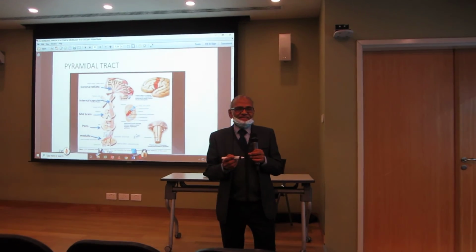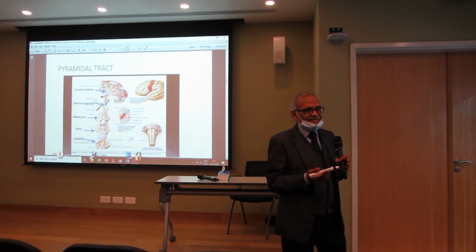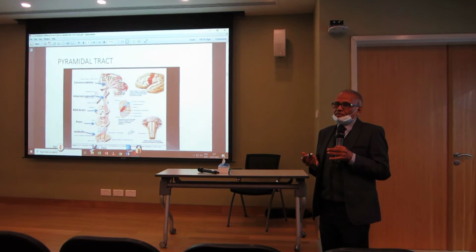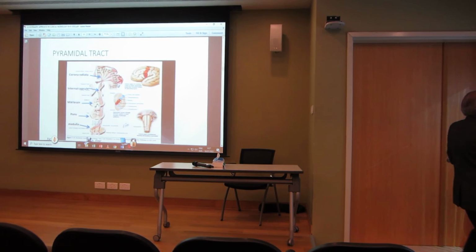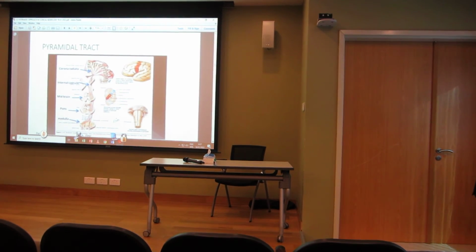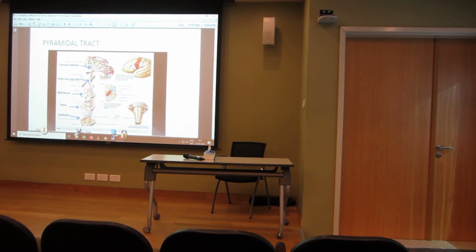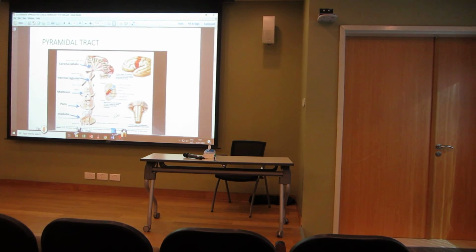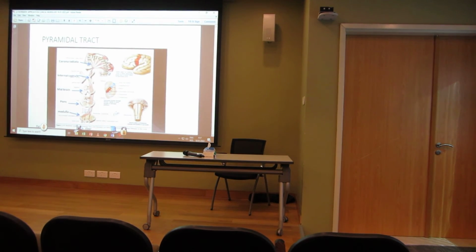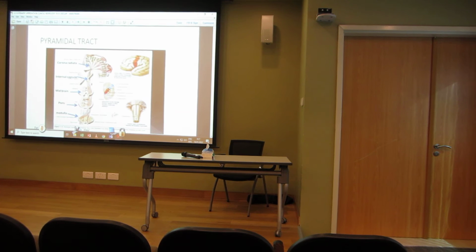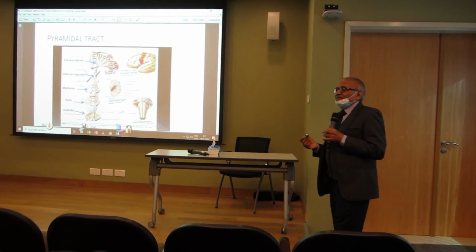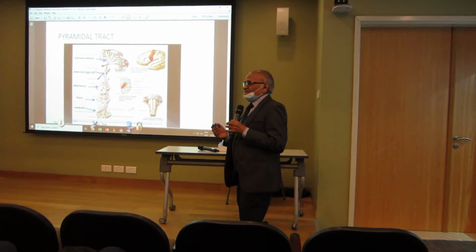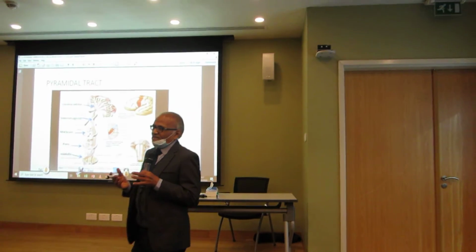Sensory, of course, because it is the sense. But which nerve? This we have done a long time ago. We call it the posterior primary ramus, PPR. Ramus means the branches.